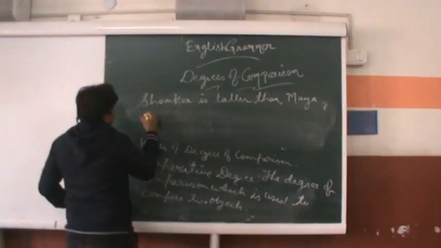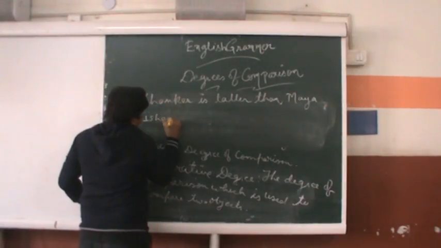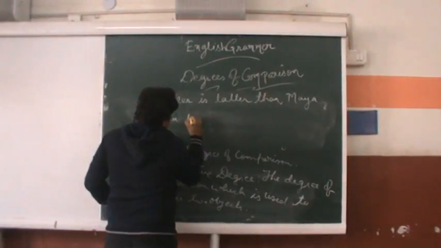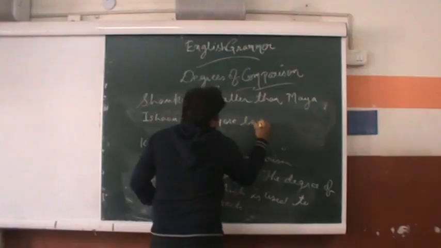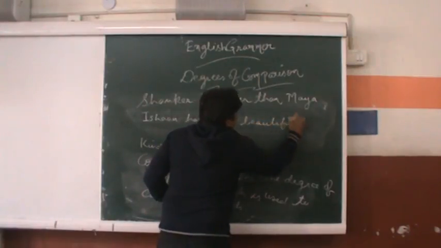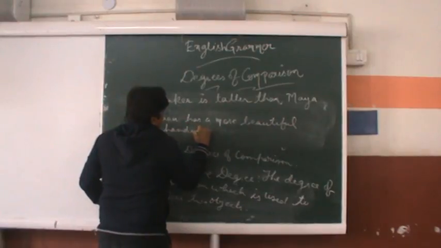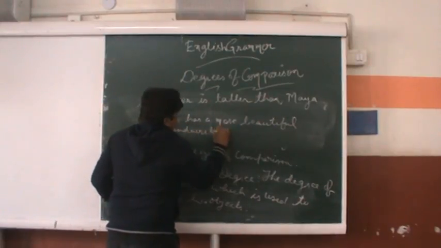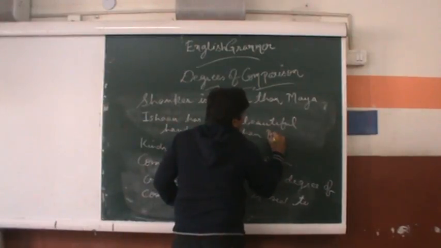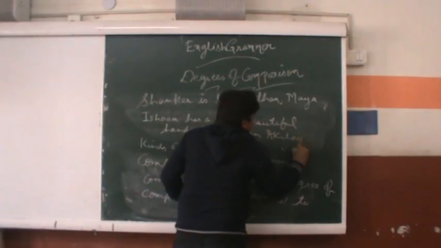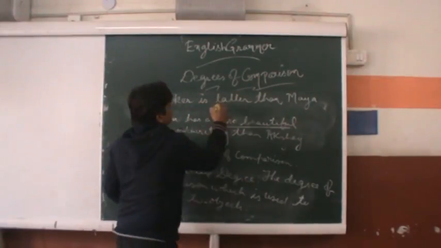Or we can say Ishan has a more beautiful handwriting than Akshay. More beautiful, taller.